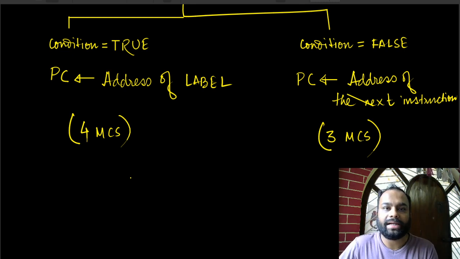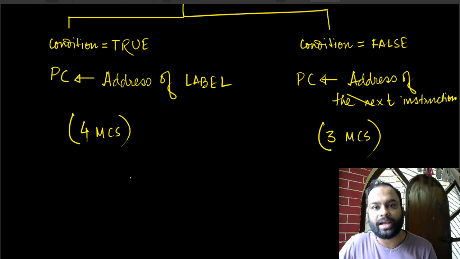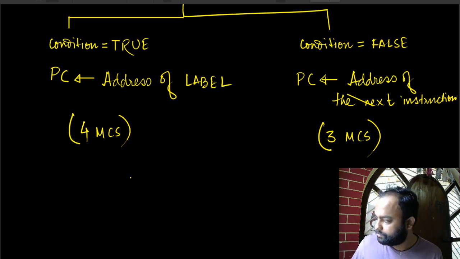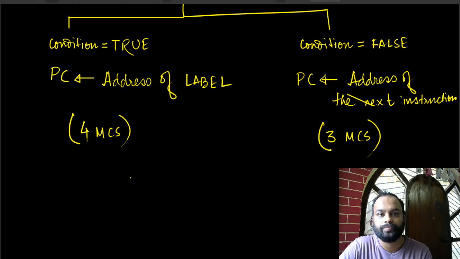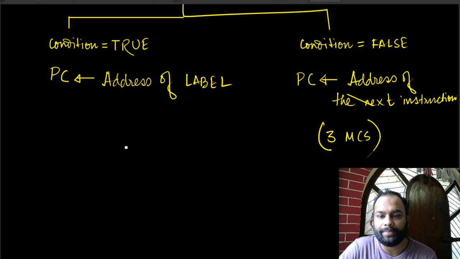So that's what you have to remember in this particular scenario. We shall discuss this later on. So all the conditional jumps have a variable number of machine cycles.